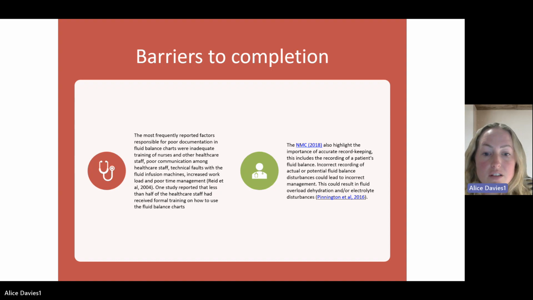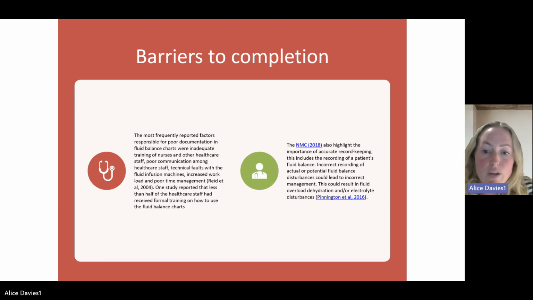Most studies report that less than half of healthcare staff feel they've received enough adequate formal training on how to use the fluid balance charts. Now, this will be made easier with Badgernet because it is going to calculate the cumulative amounts of input and output for you, but we still need to make sure that we're accurately putting that information into Badgernet, because the tool is only as good as the information it's given.